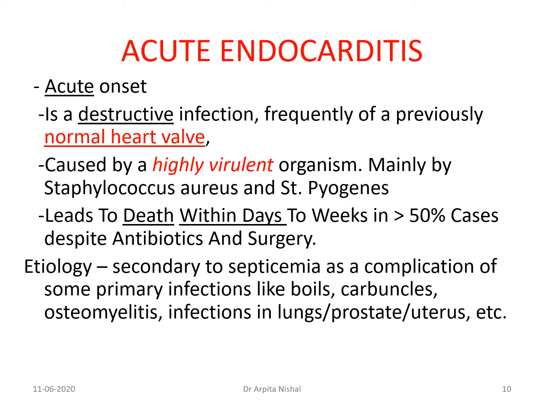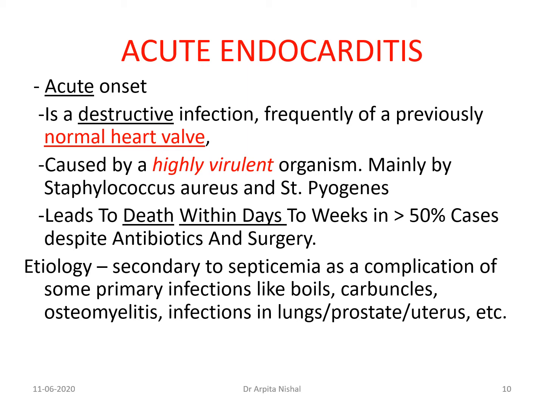It is caused by highly virulent organisms, mainly Staphylococcus aureus and Streptococcus pyogenes. These are very highly virulent organisms. It leads to death within days to weeks in more than 50% of cases, despite antibiotics and surgery.